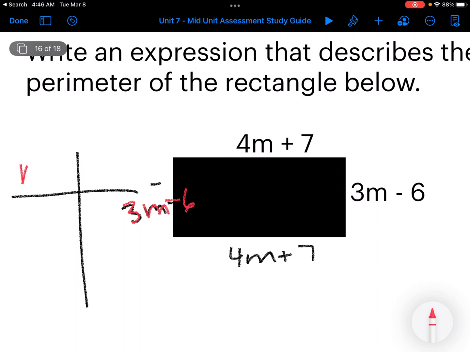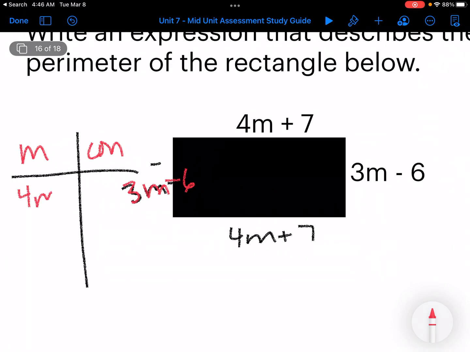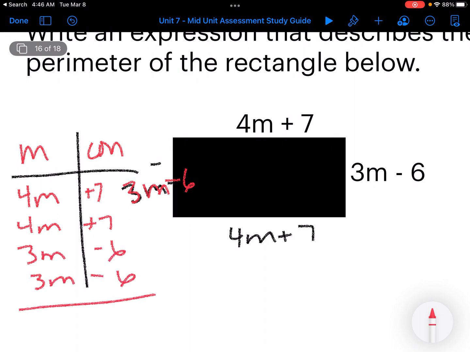So I have m's and constants: 4m plus 7, 4m plus 7, 3m minus 6, 3m minus 6. So in total I have 8m plus 6m, which is going to give me 14m plus 2.